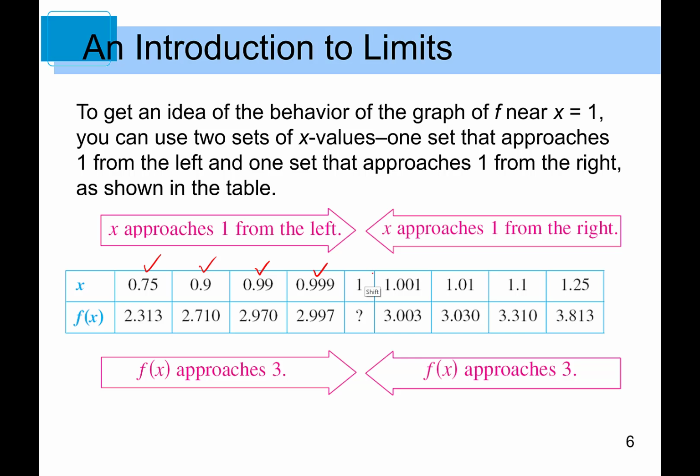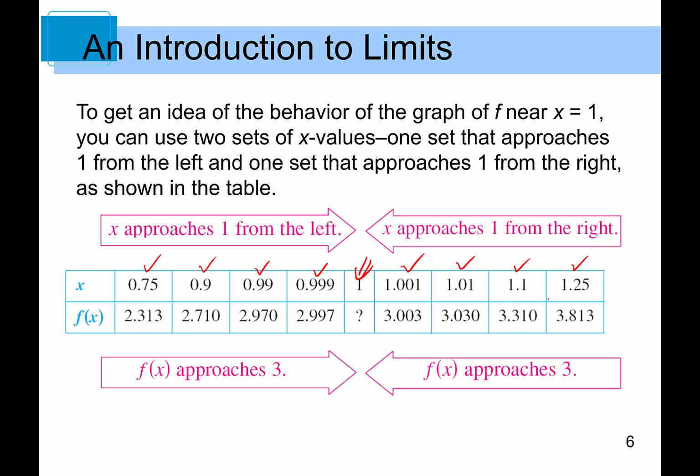We try to figure out what happens at 1. That's the goal. We're also going to pick some values on the right-hand side of 1: 1.001, 1.01, 1.1, 1.25. Again, it's in increasing order.